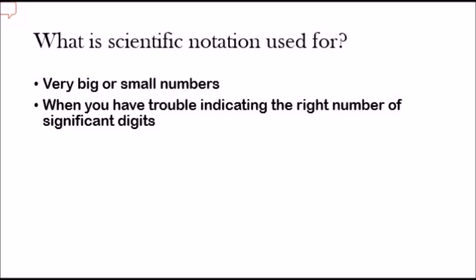Also, sometimes you will have trouble indicating the right number of significant digits when you take a measurement. So, for example, let's say you had the number 5,000.